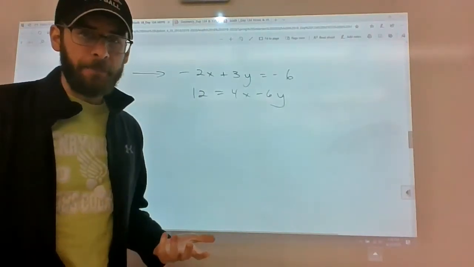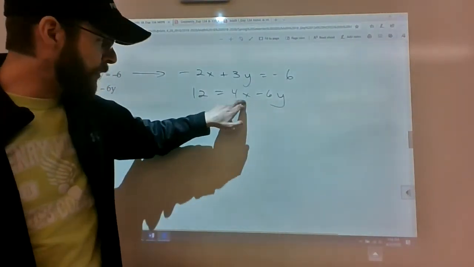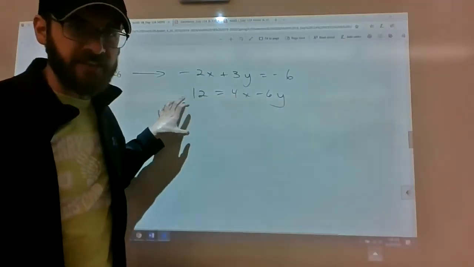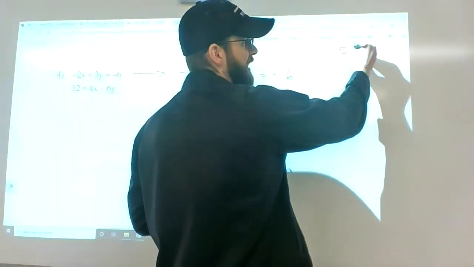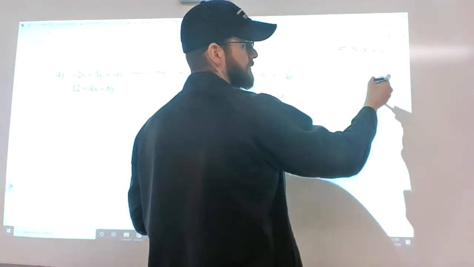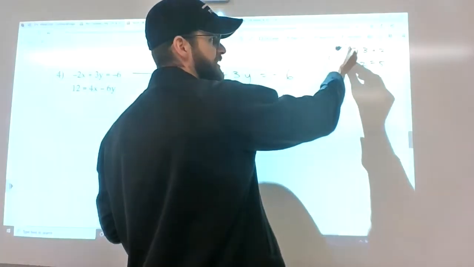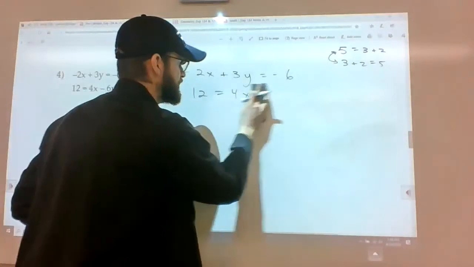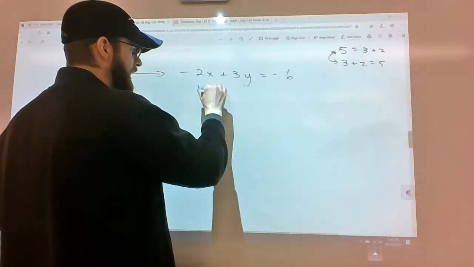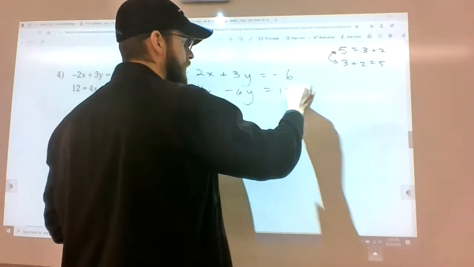The symmetric property says that I can rewrite this one so that the 4x minus 6y is on the left and the 12 is on the right. That's just like somebody saying, hey, 5 equals 3 plus 2, and 3 plus 2 equals 5. Both of these are true statements. So the symmetric property holds that I can just rewrite it as 4x minus 6y equals 12. Okay?